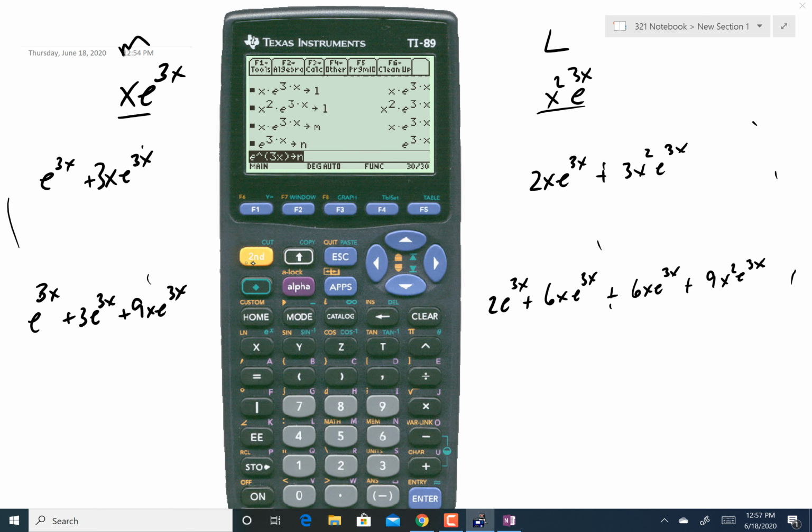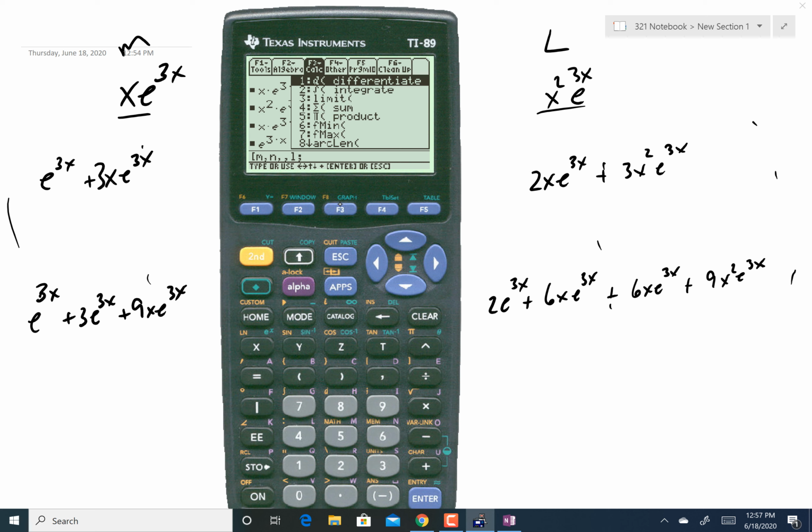So this is what I'm going to do. I'm going to set up a matrix. I'm going to do M, comma, N, comma, L. Doesn't really matter. That's just how I chose to do it. Semicolon.